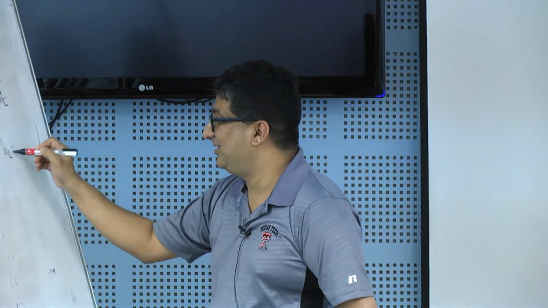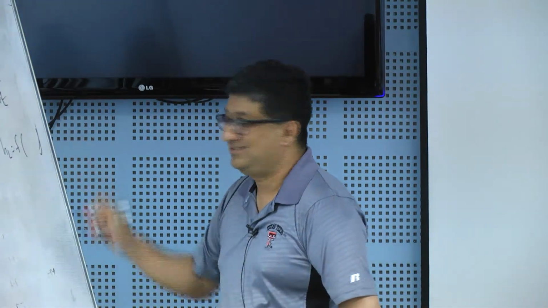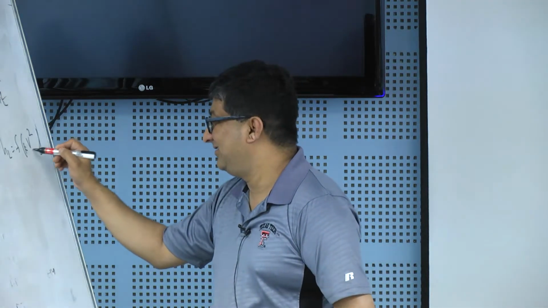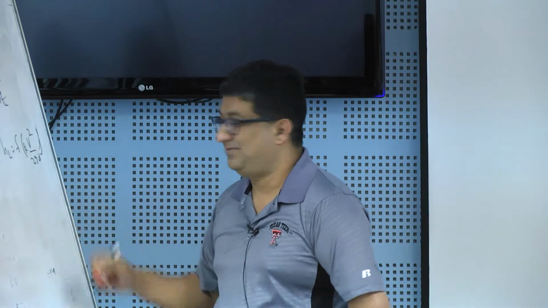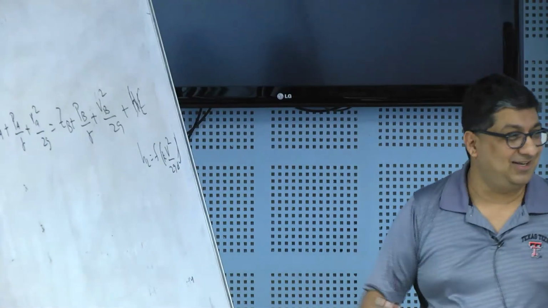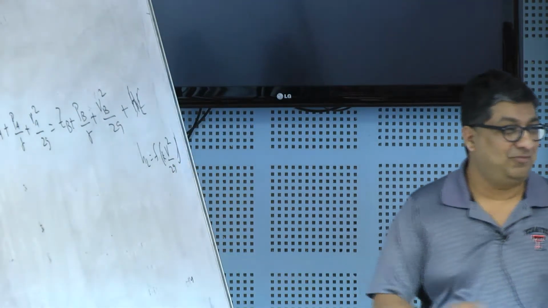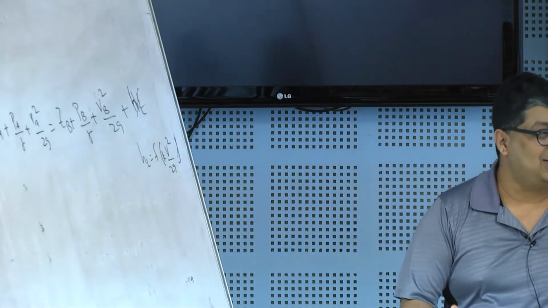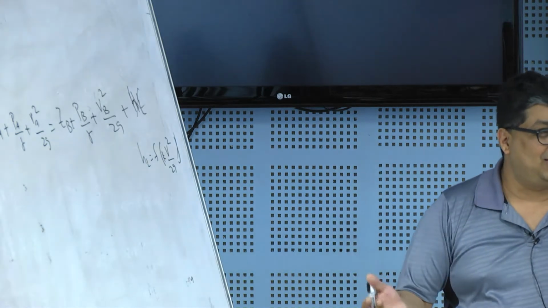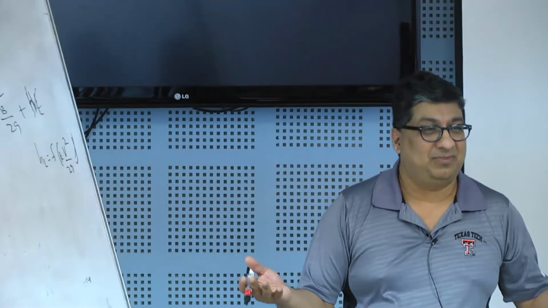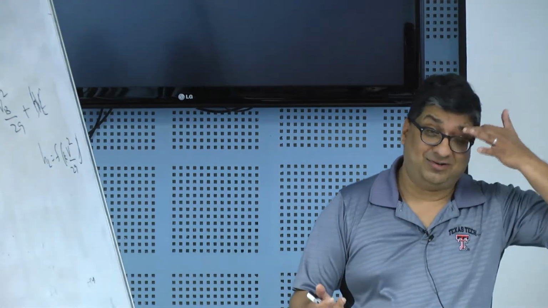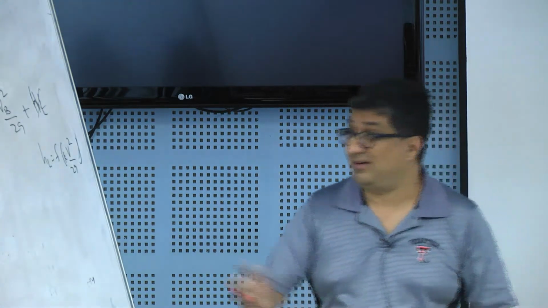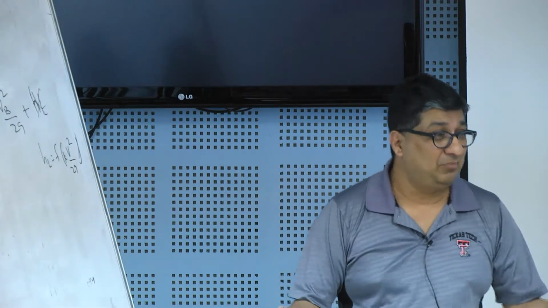Head loss is usually a function of velocity head, f L V squared over 2 g D, or some K. Why? Because head loss is a loss from turbulence, and the kinetic energy is the easiest one to lose. It's very hard to lose pressure and potential energy. We can convert all of them from one to another. That's what this statement says, but our losses are mostly in the velocity term.